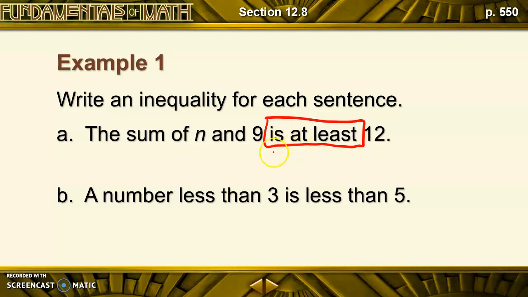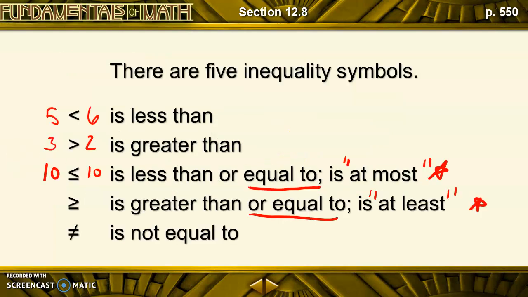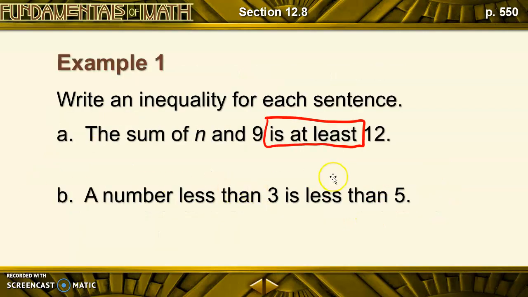If you go back and look at our list, at least was greater than or equal to. So I'm going to go ahead and put greater than or equal to right there. The sum of n and 9, so sum is addition, so this is going to be n plus 9 is greater than or equal to 12.